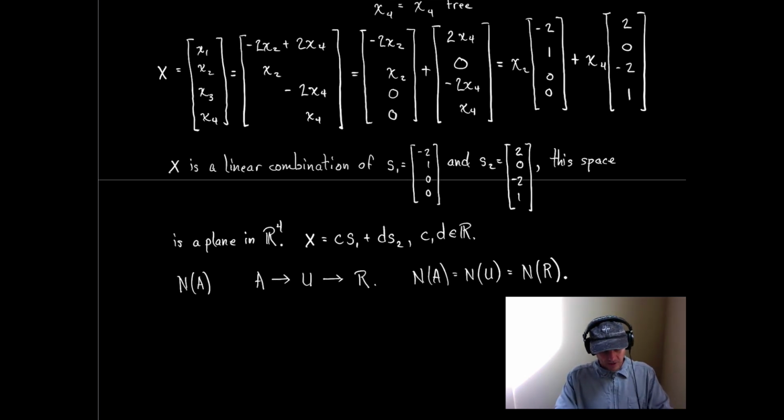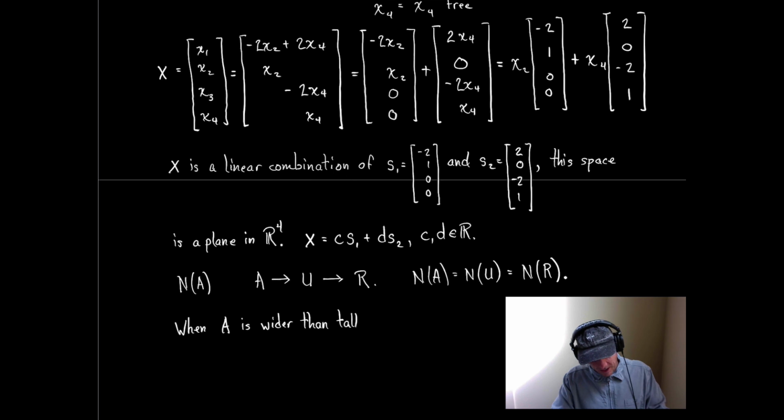A few last considerations then is when A is wider than tall. And when does that happen? It happens when n, the number of columns, is greater than m, the number of rows.